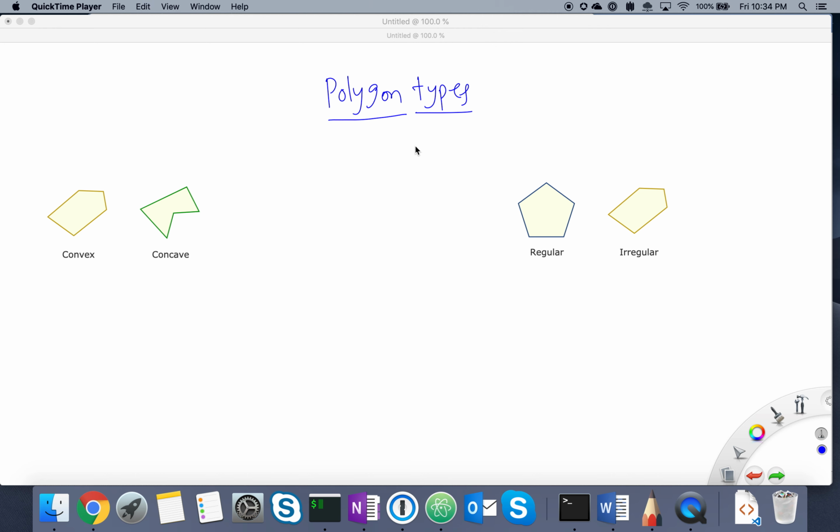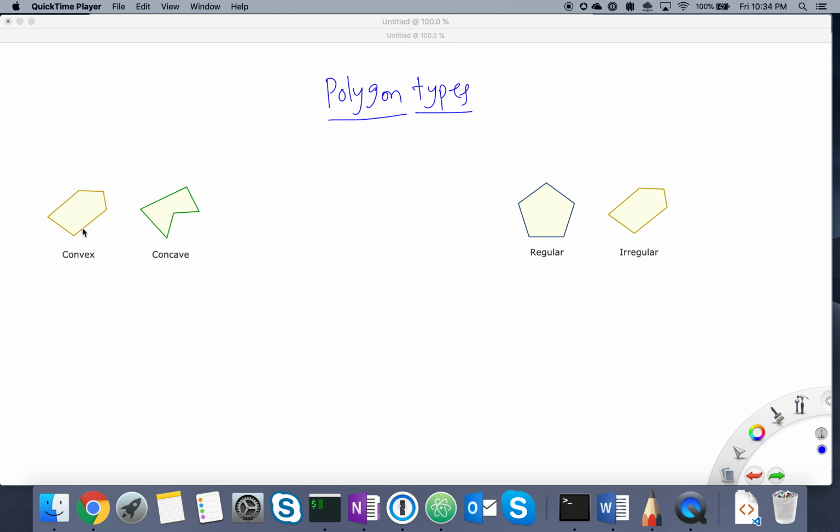Okay, let's bring another perspective here. Let's talk about the polygon types. We can talk about these polygon types from two different perspectives. One is convex polygon and concave polygon.